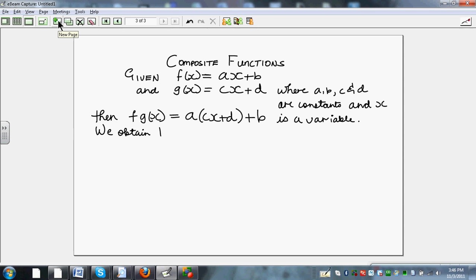We obtain this function, f g of x, by substituting g of x for x in f of x.